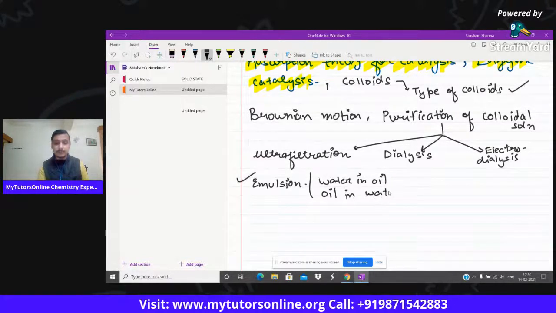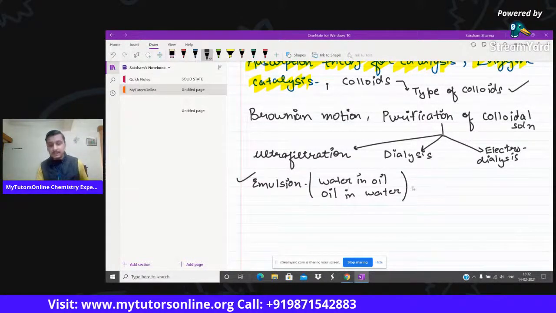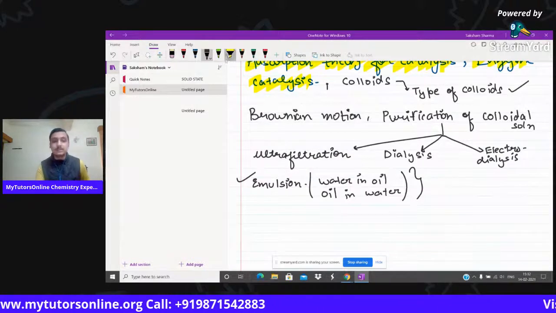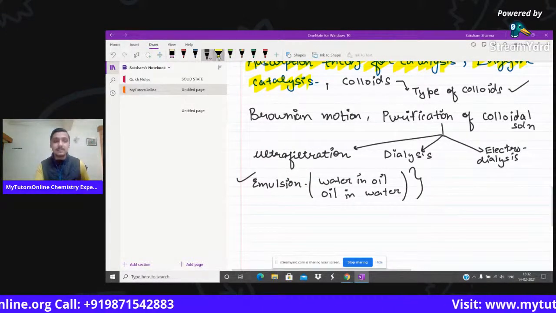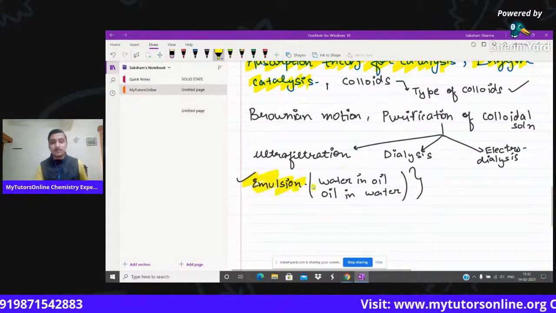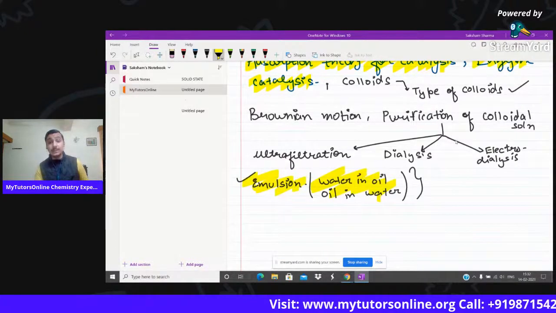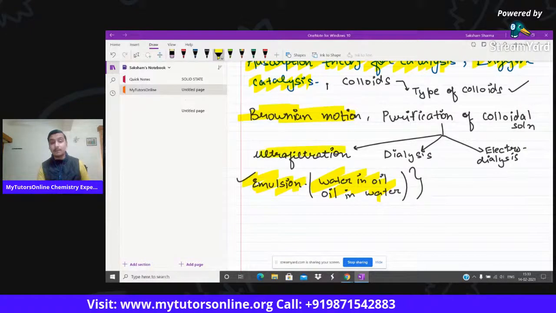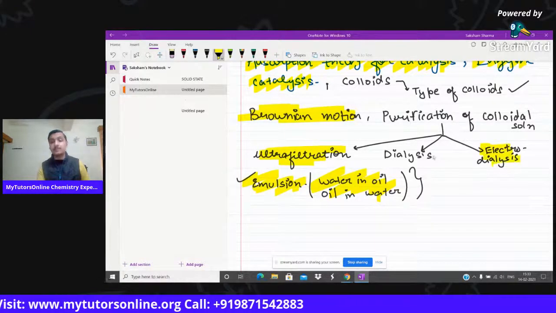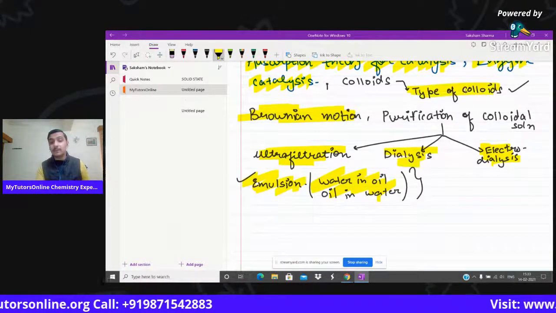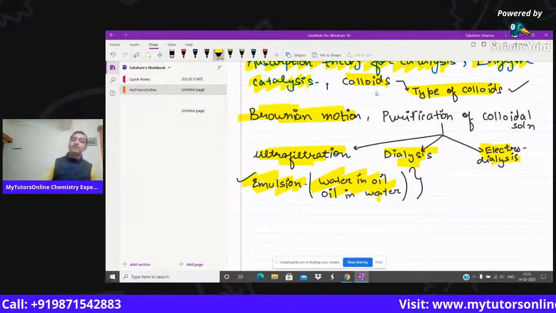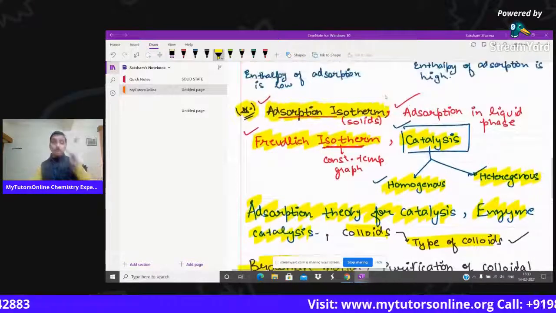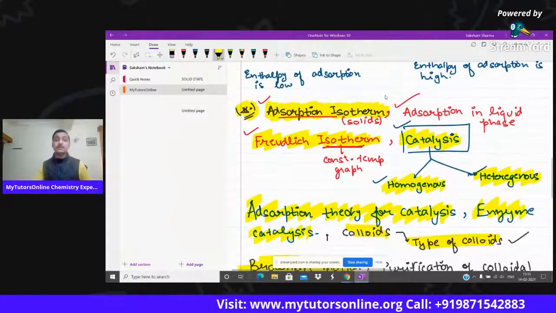What is the difference between the two and what are the characteristics of each? This is asked in your CBSE board exams. And sometimes JEE and NEET questions also come from here, from Brownian motion, ultrafiltration, electrodialysis, dialysis, and types of colloids. So these are all the important and basic topics of this chapter.